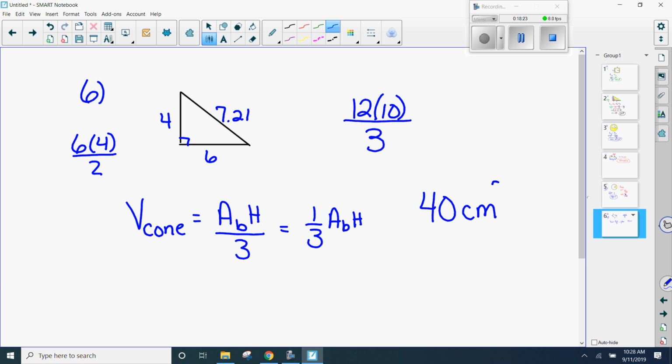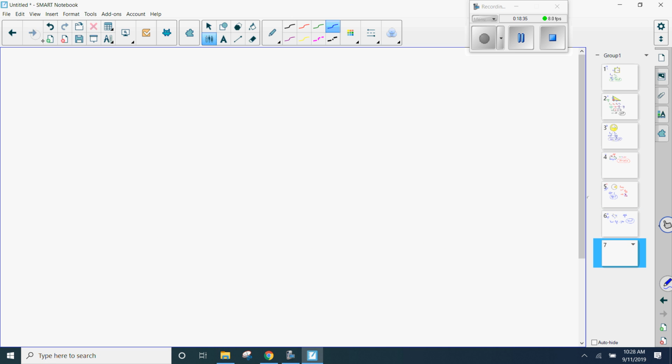That's correct, 40 cubic centimeters, not 120. Yeah, some of you, your units you need to look at. So number 7. Bear with me, we're about done here.